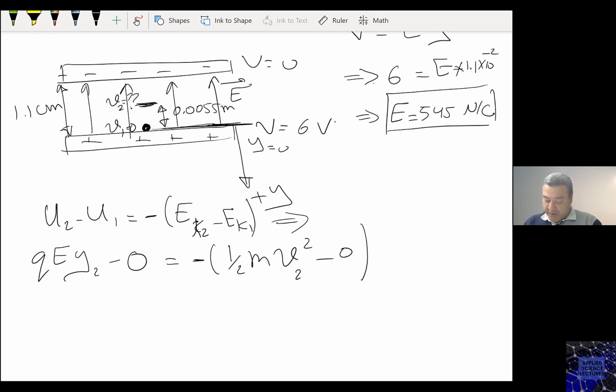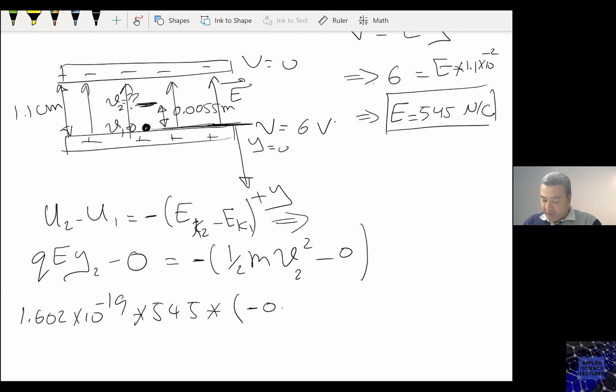So Q here is 1.602 times 10 to the power minus 19. Electric field is 545 times Y2. Y2 here is a negative distance.